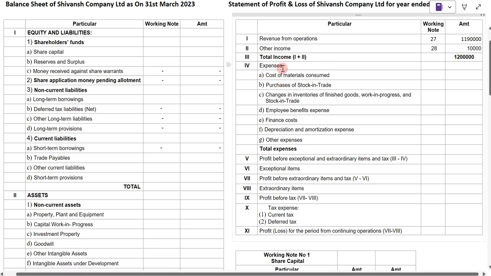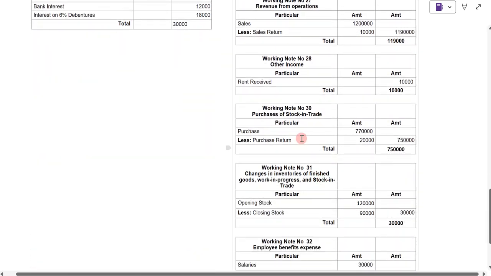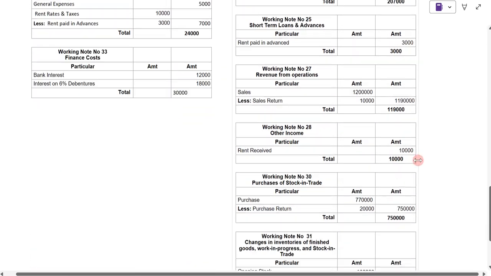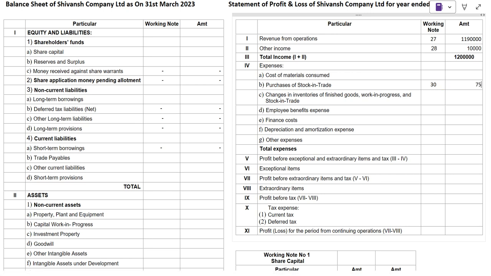From this total income we have to less the expenses. So purchase of stock in trade, note number 30, the total is 7,50,000.